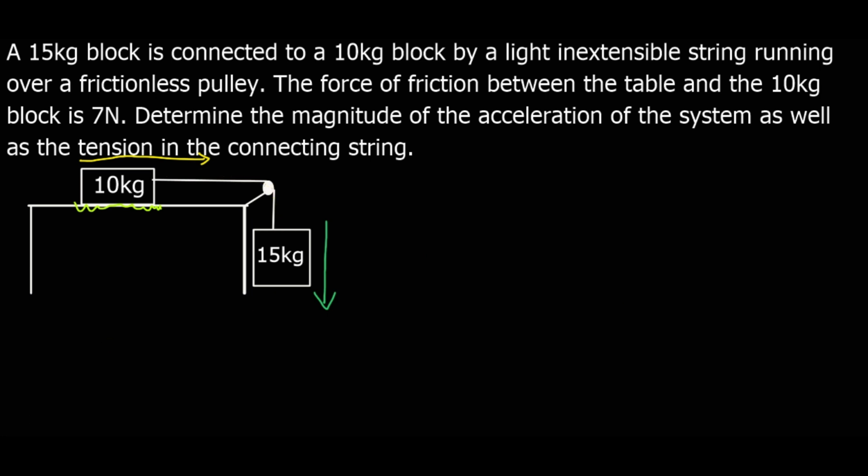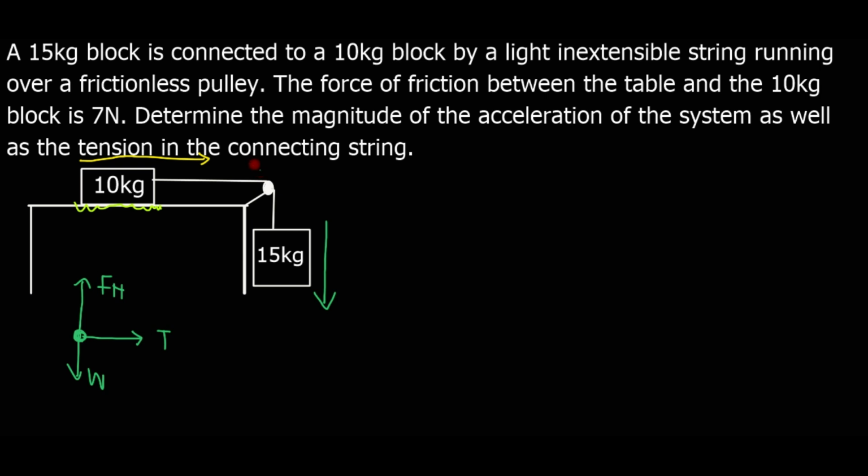So now I draw a free body diagram for this 10 kg block. The weight force, which is always downwards, and then a normal force, because this is our surface. This must be a normal force, and then this object is pulled in this direction, so here in this direction a tension.